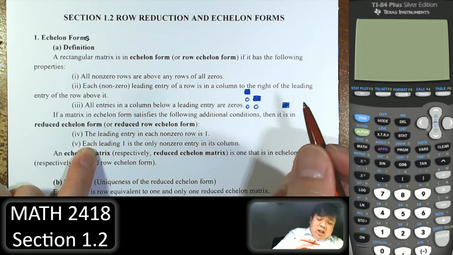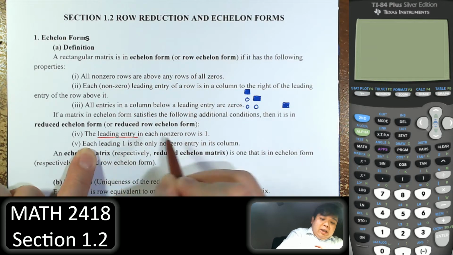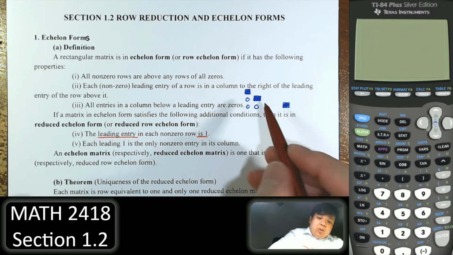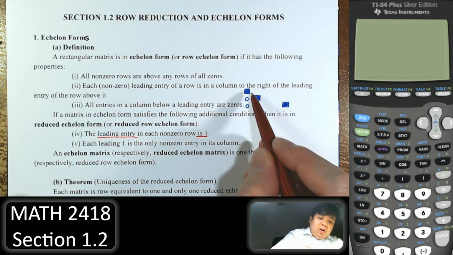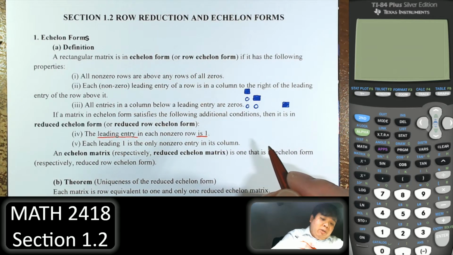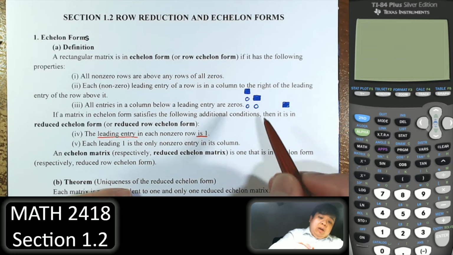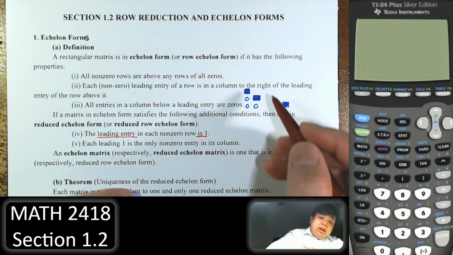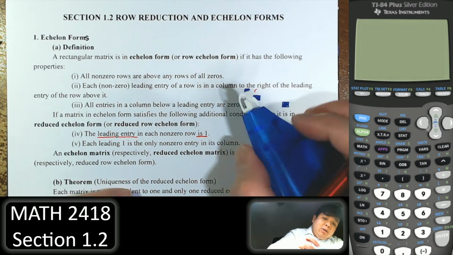The additional condition is that the leading entry has to be 1. So instead of any non-zero entry as in the echelon form, it has to be 1 in the reduced row echelon form. And each leading 1 is the only non-zero entry in its column, meaning not only do they have 0 below it, they have to have 0 above it.